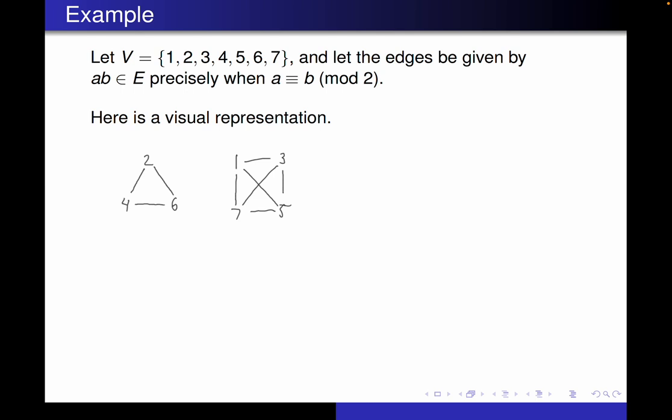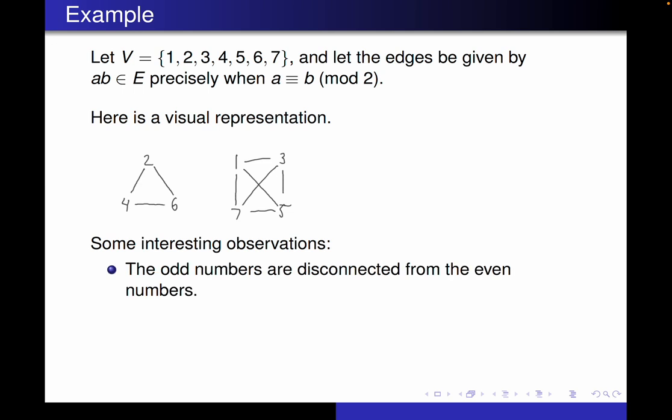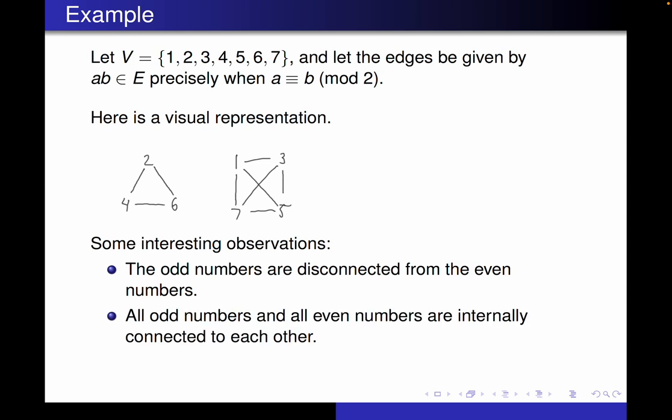So just a couple of observations about that particular graph. The odd numbers are disconnected from the even numbers. So not all the vertices are connected to one another by edges, which is fine. There's nothing wrong with that in a graph. And the odd numbers and even numbers are all internally connected to each other.